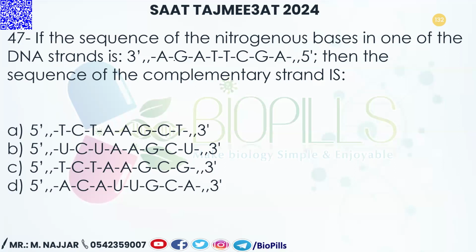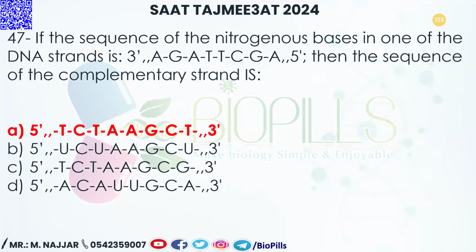A will be paired with T, yes. G with C, T with A, another T with A, C with G, G with C. Correct. It's A. Why did you choose it?